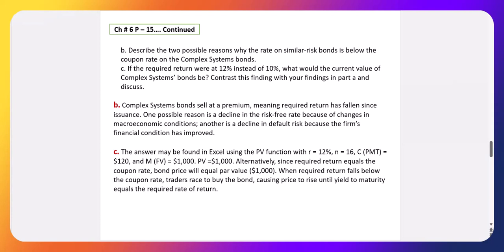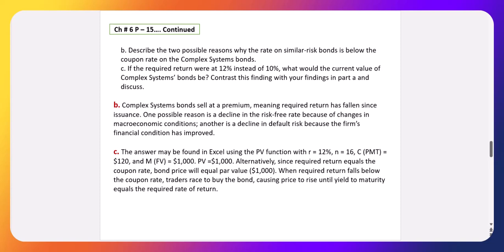C. If the required return were at 12% instead of 10%, what would the current value of the Complex Systems bonds be? The answer may be found in Excel using the present value function, setting R to 12, N to 16, the payment at 120, and the future value, or the face value of the bond, at $1,000.